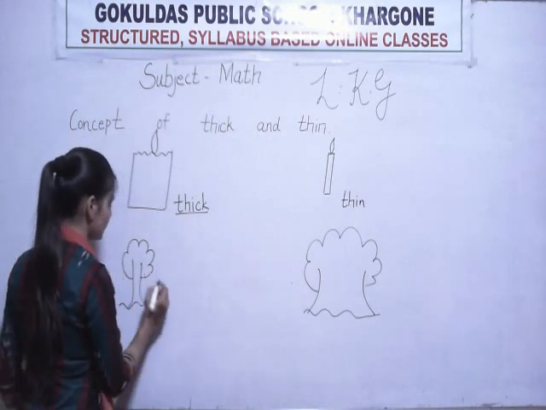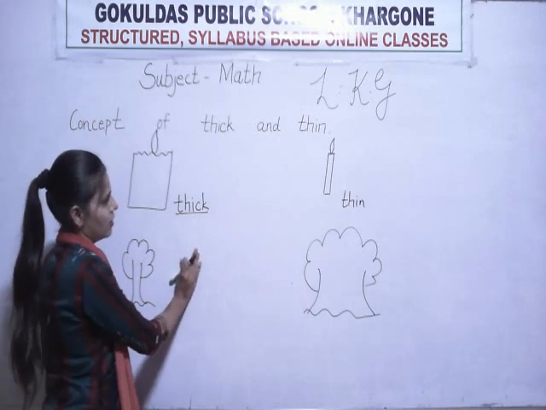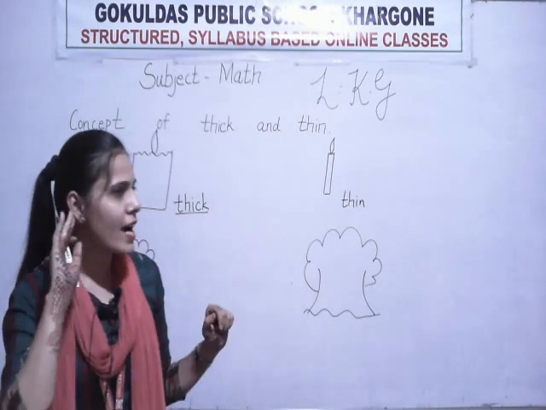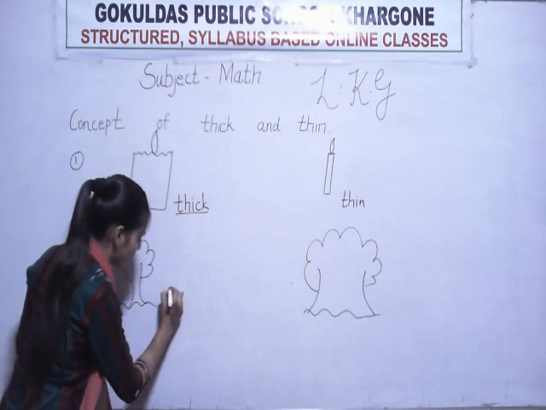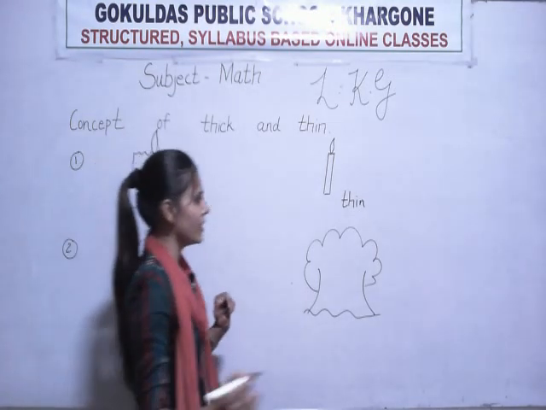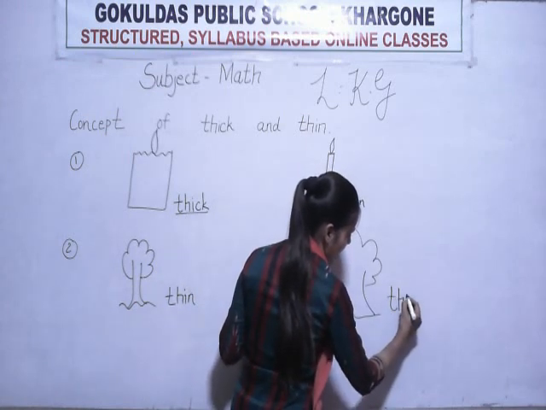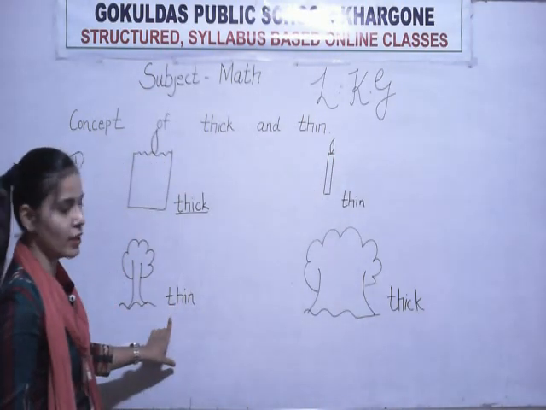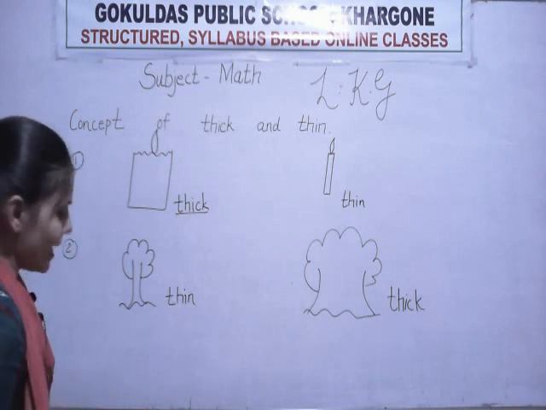This tree, thick or thin? Tell me fast. Thin. Yes, very good. So write here thin. And here we write thick, T-H-I-C-K. Thin object, thick object. Now last one.